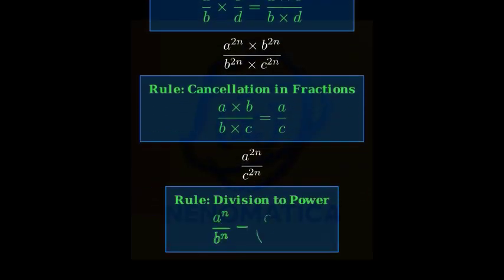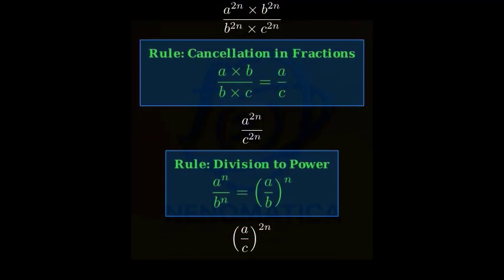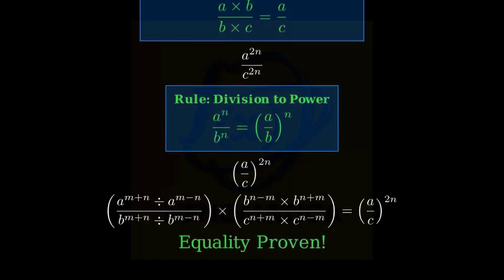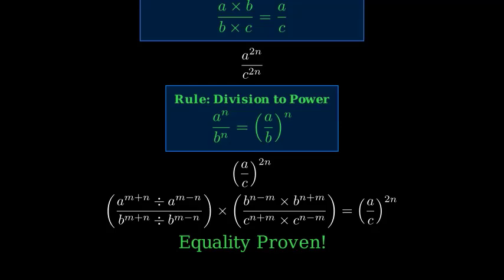Using another property of exponents, we can rewrite this as the power of a fraction. We have a to the power of 2n divided by c to the power of 2n, which equals the fraction a over c raised to the power of 2n. And there we have it. We've proven that the original expression equals a over c to the power of 2n, which matches our right-hand side. Therefore, the given equality is indeed true.